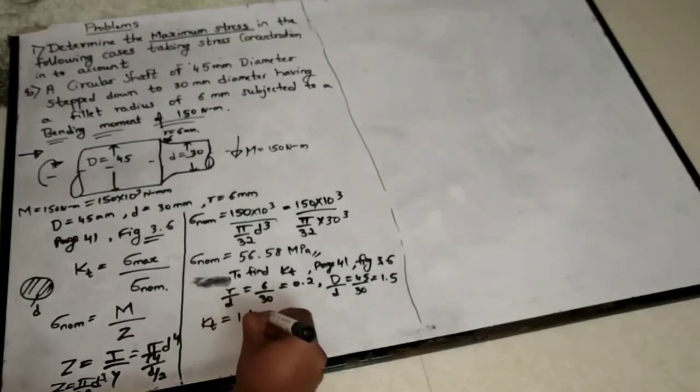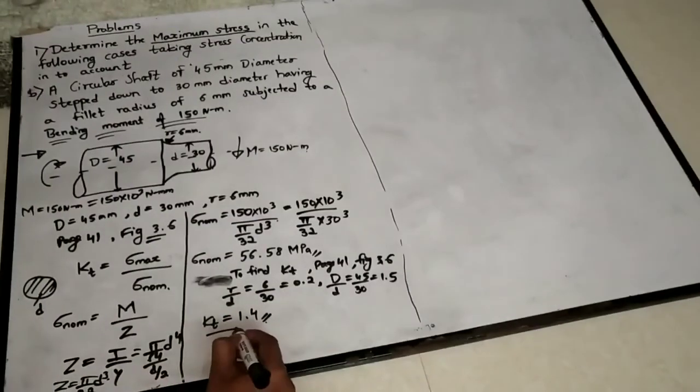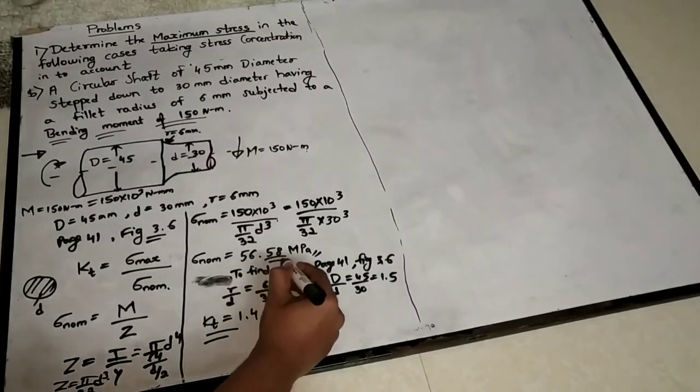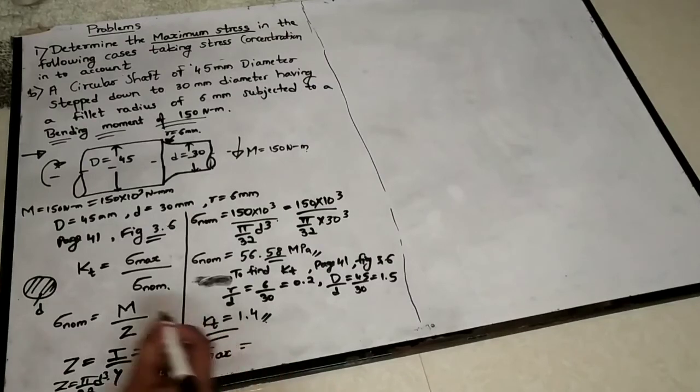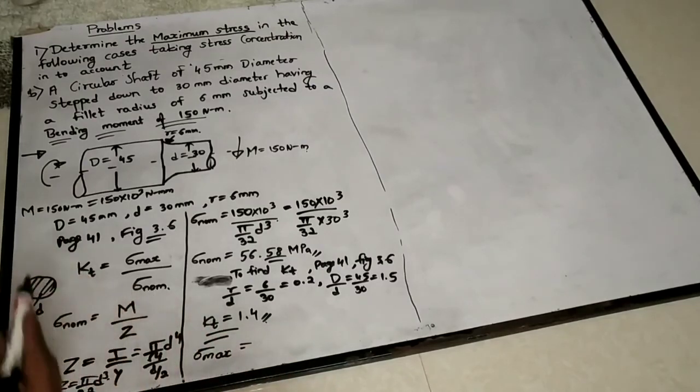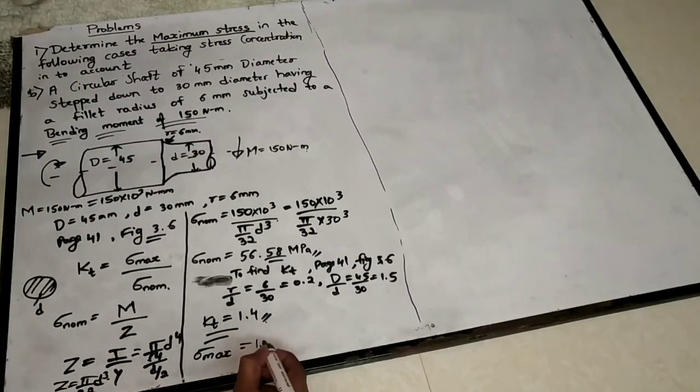Everyone check. So once you know Kt value and once you know nominal stress, what is the maximum stress? Simply multiply nominal with Kt. So how much will you be getting? 1.4 into 56.58.